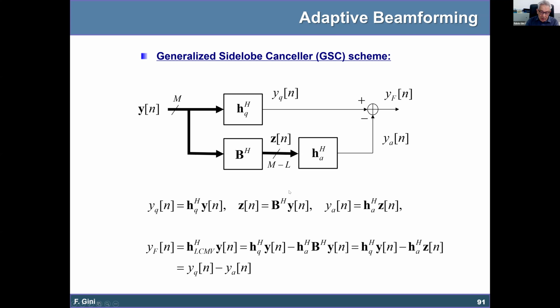So we estimate the interference coming from different directions and we subtract. In this way, we minimize the contribution of the interference to the output. The role of the blocking matrix is to block the signal of interest, because we don't want the signal of interest to pass through the beamformer, be subtracted and cancelled from the data, because we want the signal of interest to pass undistorted at the output.